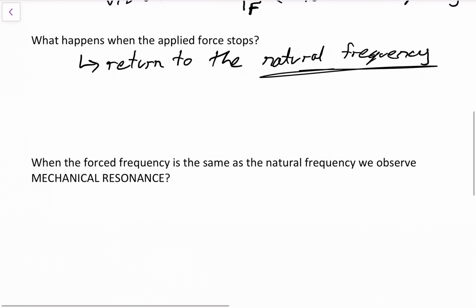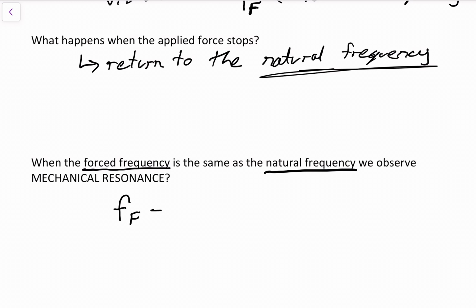When we're talking about mechanical resonance, this is when the forced frequency is the same as the natural frequency. So let me just write that down. When Ff, the forced frequency, is exactly the same as the natural frequency, then we observe what we call mechanical resonance, or sometimes we just call it resonance.